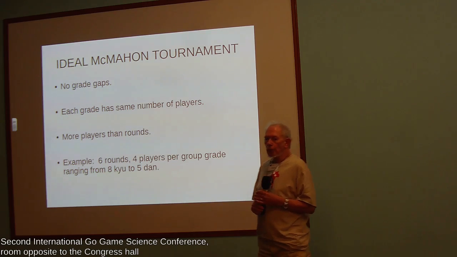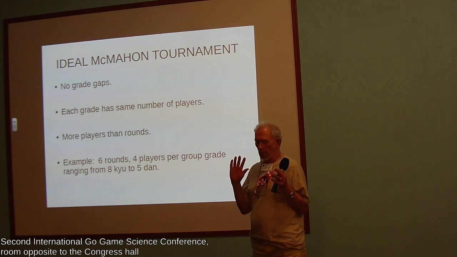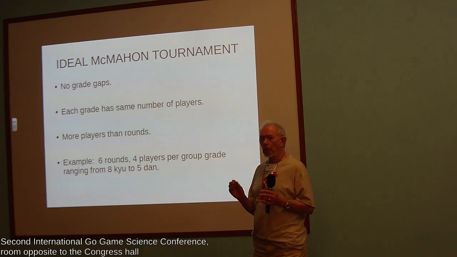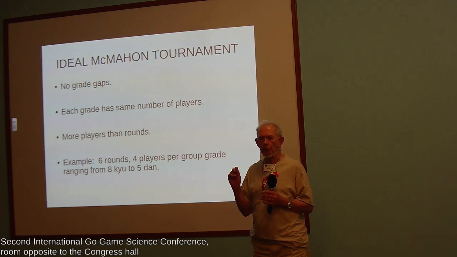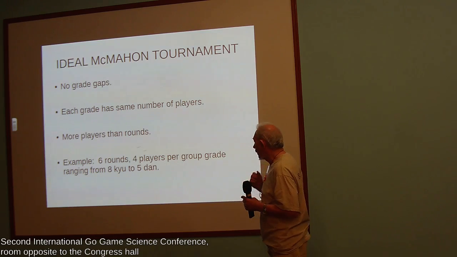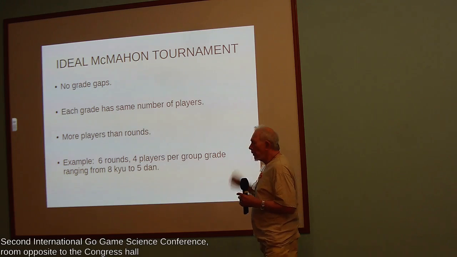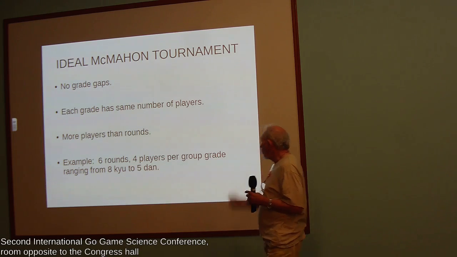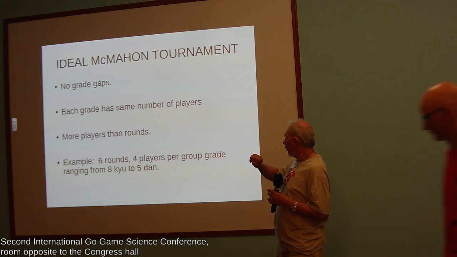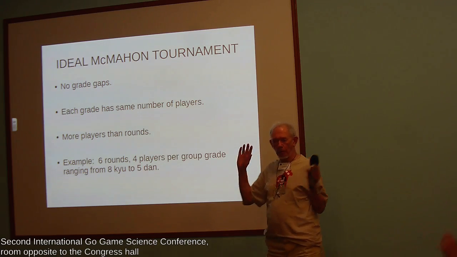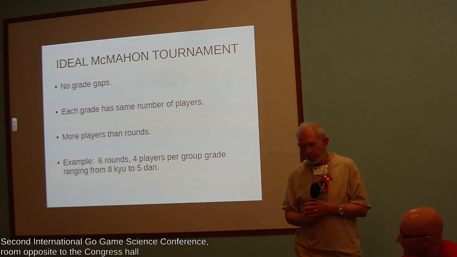What I then decided to do was to fix a particular example and go through all the properties of that particular tournament to see how things behave. So the example I took was 6 rounds, 4 players per group, going from 8Q to 5 Dan. Now let's see what happens.